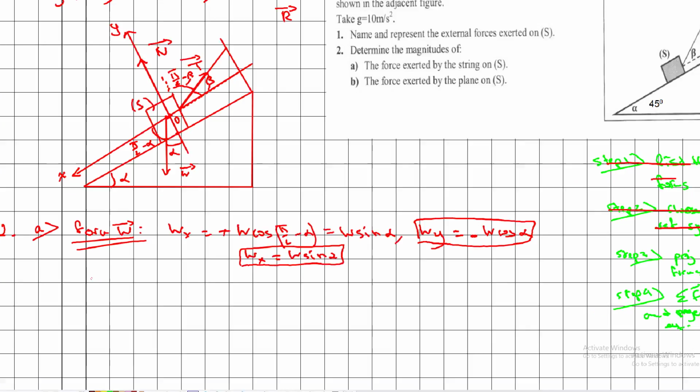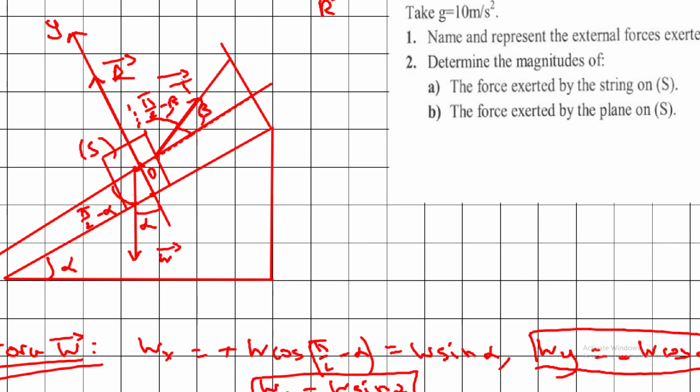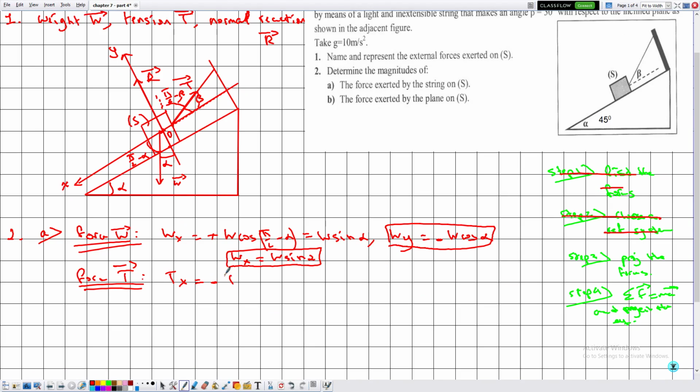Now, as for the force T, let me use the same notation. So Tx: notice that T is pointing in the negative direction of the x-axis, so it's minus T cosine beta, since beta is the angle between T and the x-axis.